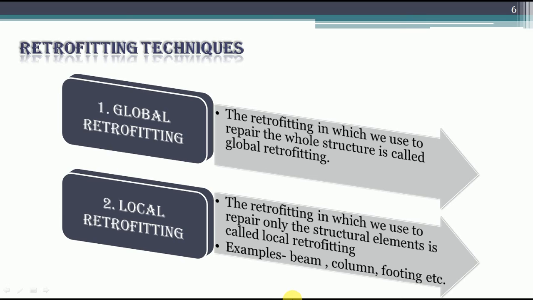For example, in an RC structure, if we are repairing only some of the beams or some of the columns or some footings, then we can go for local retrofitting. Or if we have to strengthen the entire structure, we can go for global retrofitting.